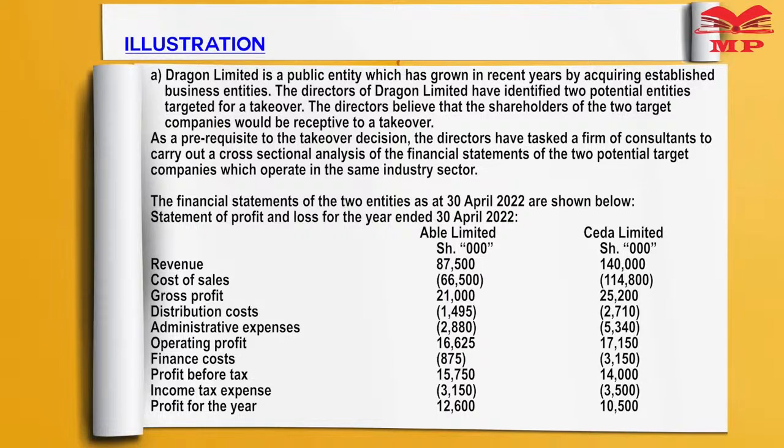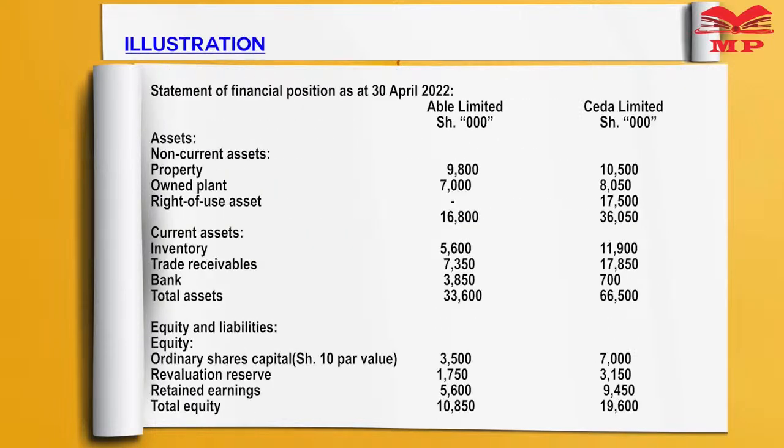We have revenue, cost of sales, gross profit, distribution cost, admin expenses, operating profit, finance cost, profit before tax, income tax expense, and then we have the profit for the year. We also have the statement of financial position as at 30th of April 2022 for Able and Cedar Limited. We have the non-current assets which include property, plant, right of use asset.